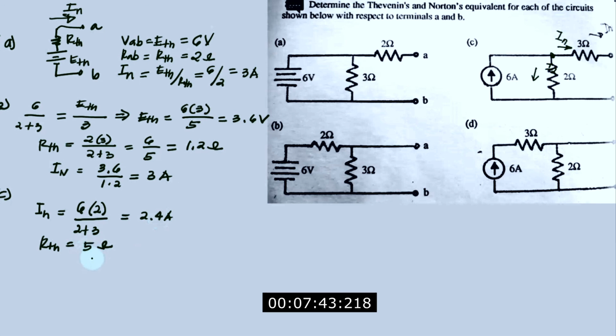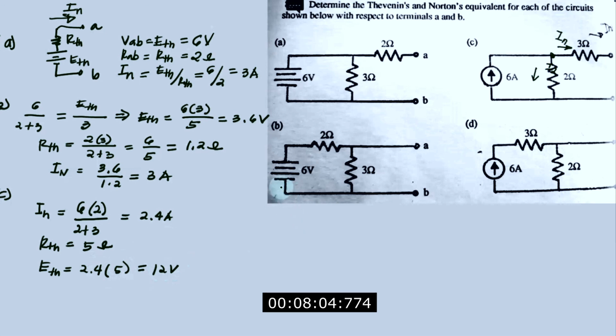Applying Ohm's law, we can solve for E Thevenin. E Thevenin is equal to the current, which is 2.4, times the resistor, which is 5. Get your calculator, it will give you 12 volts.